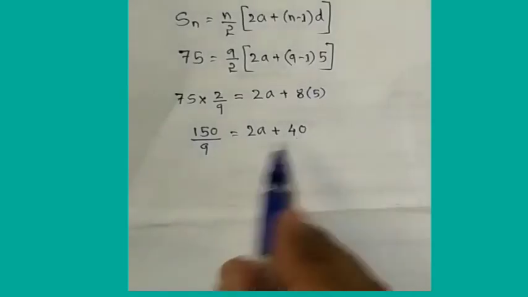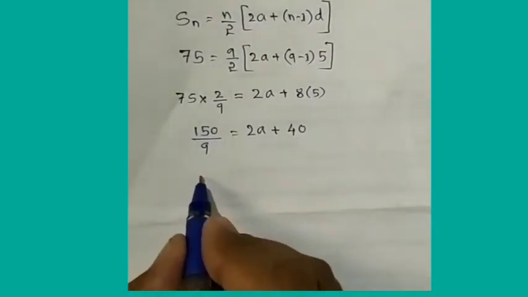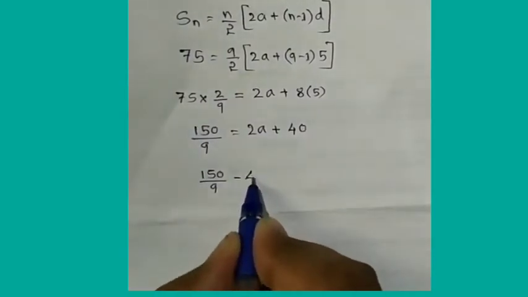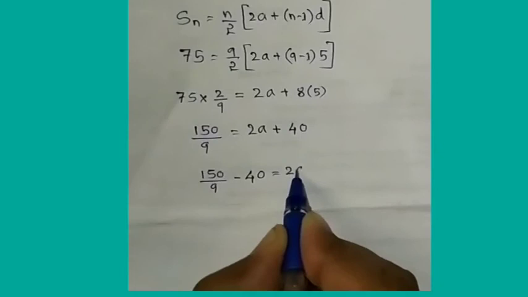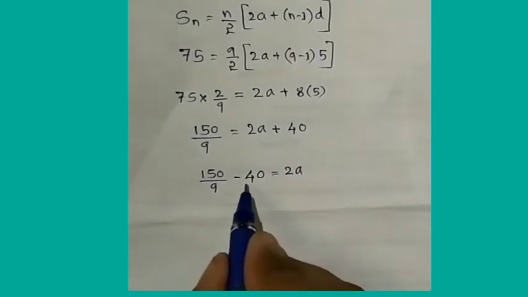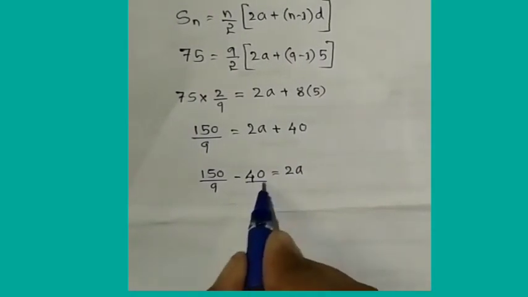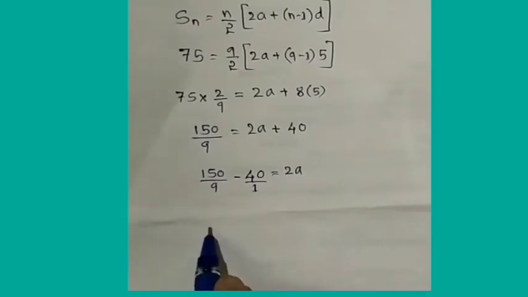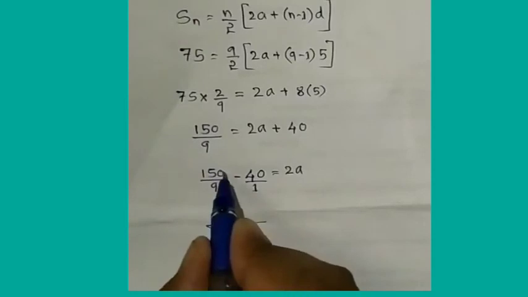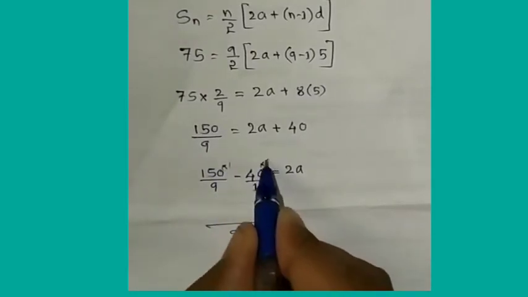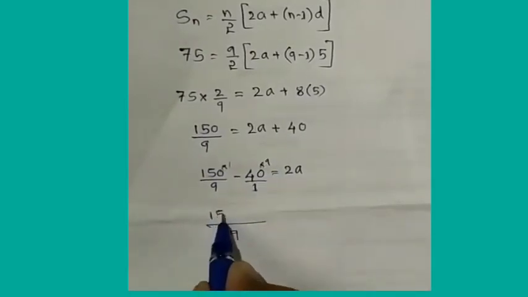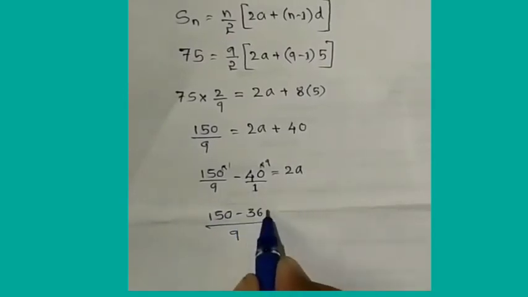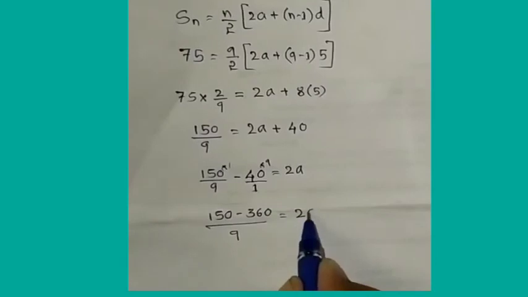So take that 40 to that side, we will get 150 by 9 minus 40 equal to 2a. 40 has no denominator, which means it is always 1, so 40 by 1. Taking the LCM of 9 and 1, that is 9. So it becomes 150 minus 9 fours are 36, that is 360, equal to 2a.